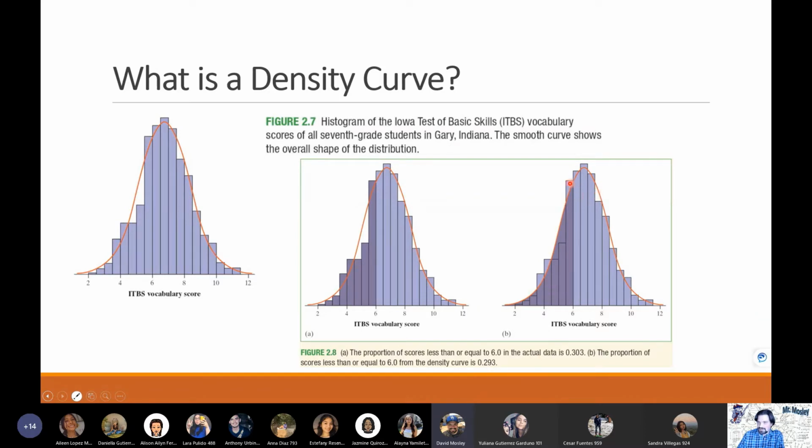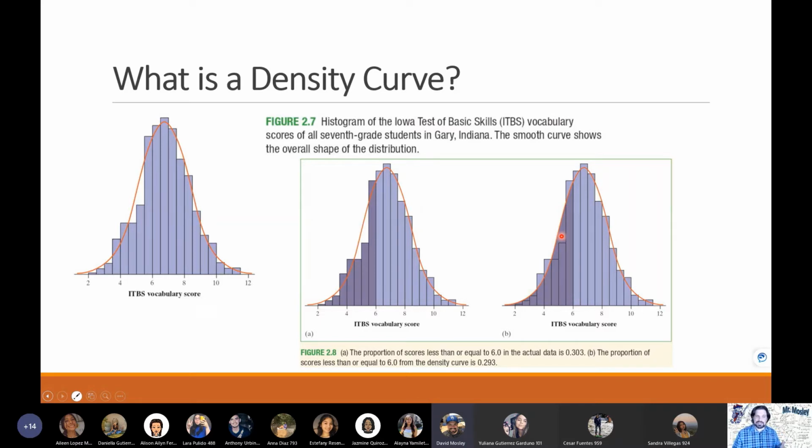Notice how on the density curve, we're cutting off parts of the rectangles on the histogram, but we're also counting parts that are not counted in the histogram in other places. So it's like we're getting a give and take.